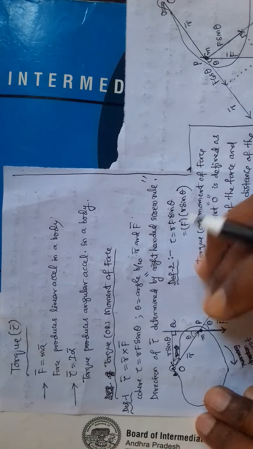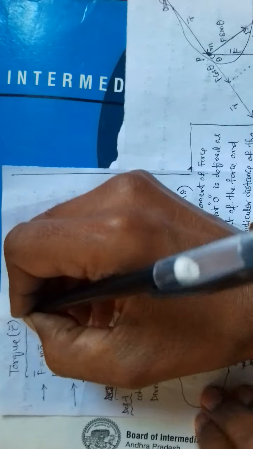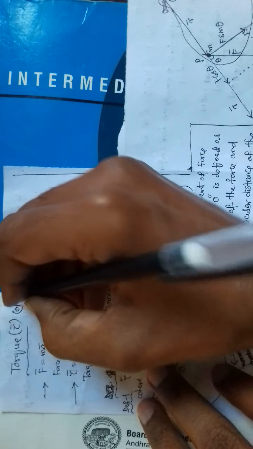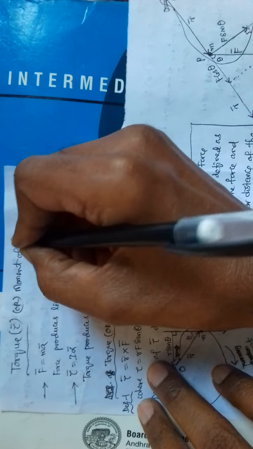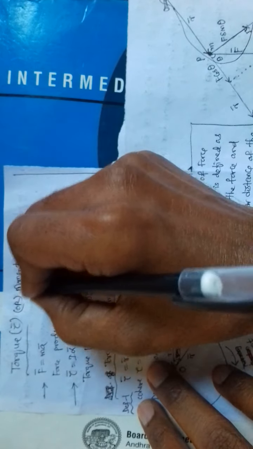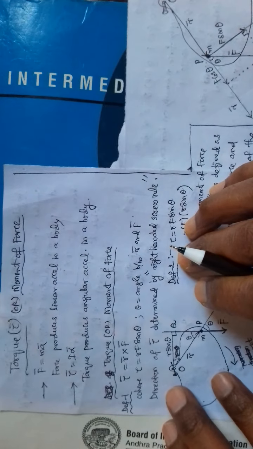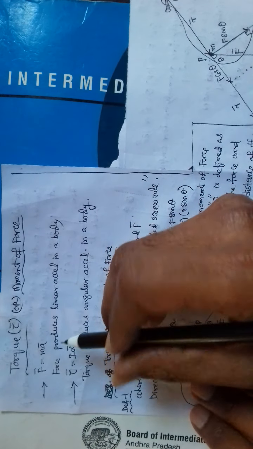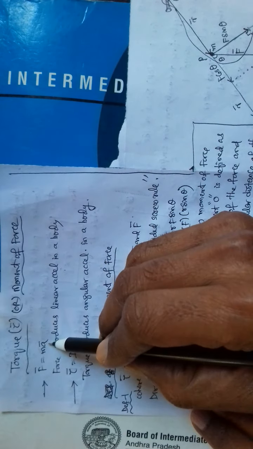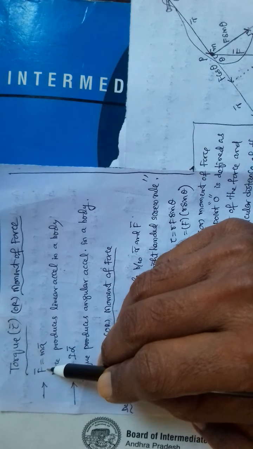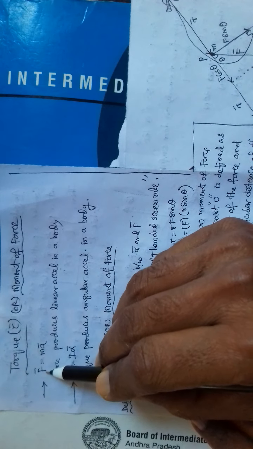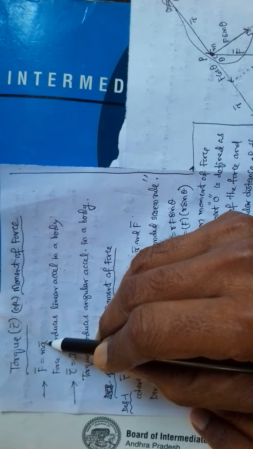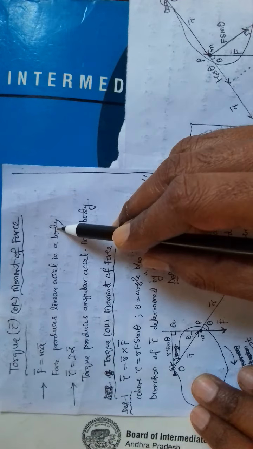Now let us consider torque. Torque or moment of force. See here, F is equal to ma. You know, force produces acceleration. Linear force produces linear acceleration in a body.